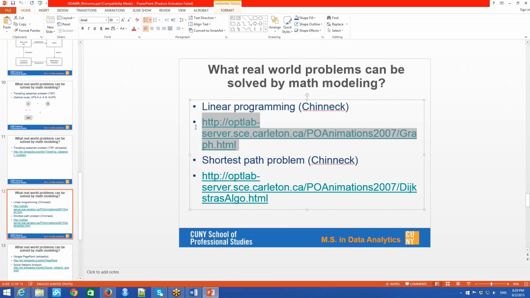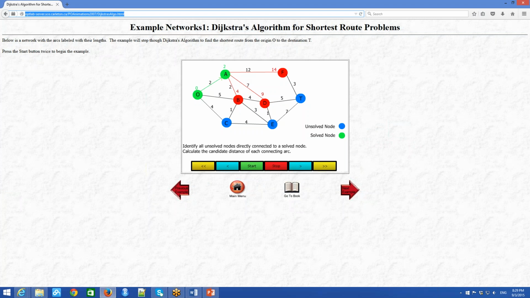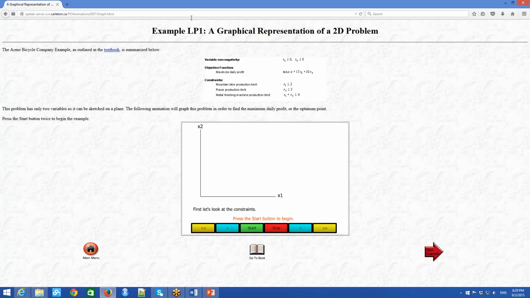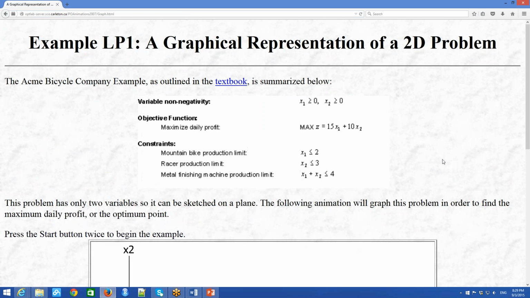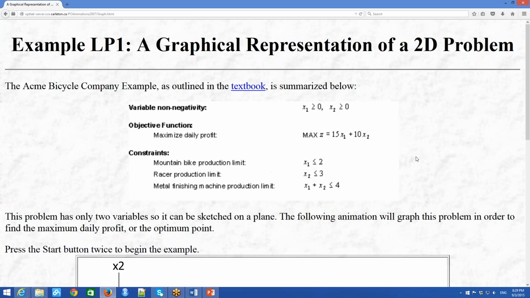And then linear programming itself, let's quickly take a look too. So for linear programming, for math programming, we always have an objective function, and then certain constraints. Let's ignore this non-negativity for the time being. Suppose that we know that we have limited resources.